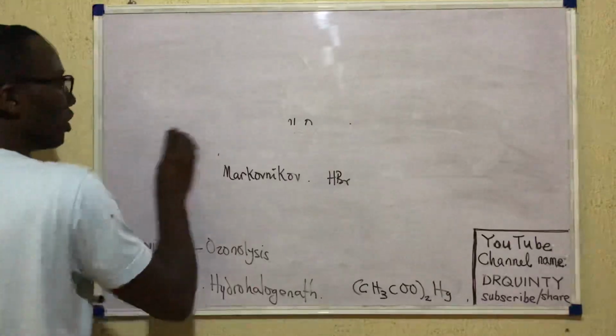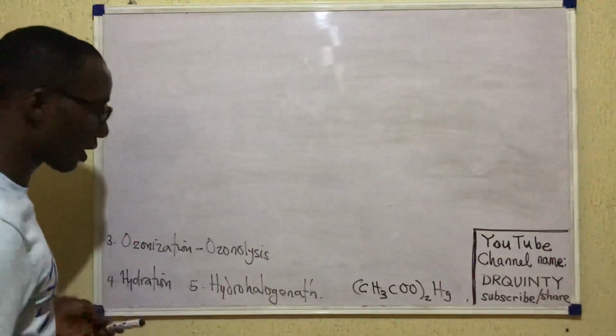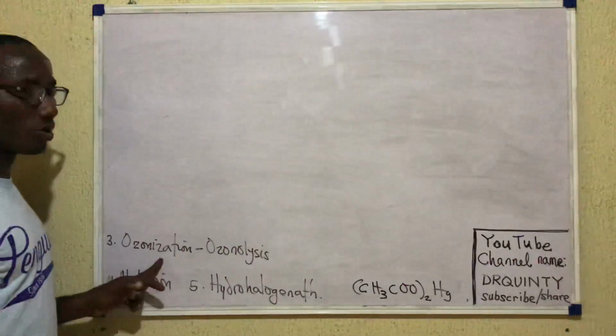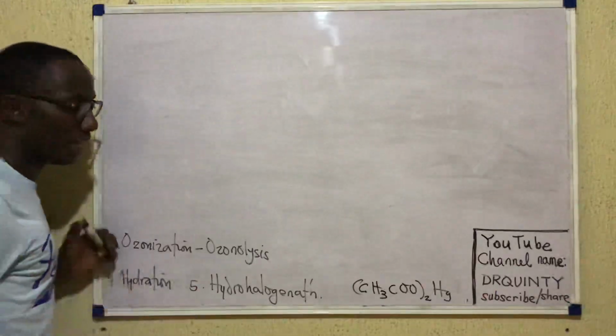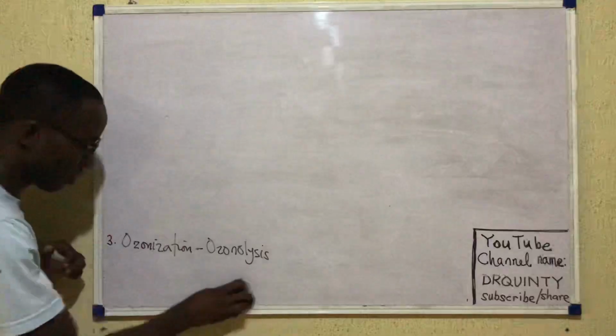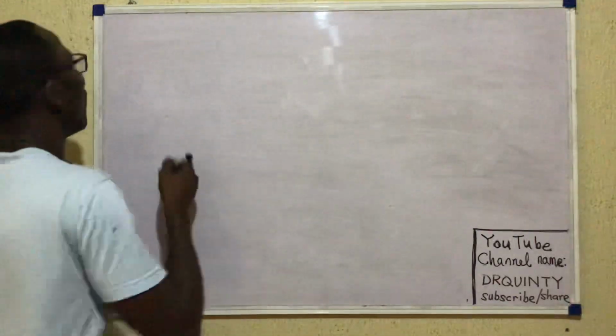So I just want to mention one extra point, it won't take much time, so that we can go on a short break, and when we return from that break, we'll focus on ozonolysis and reaction with bromine water and chlorine water. That would be the last part, and it will be very short. So for now, hydration.